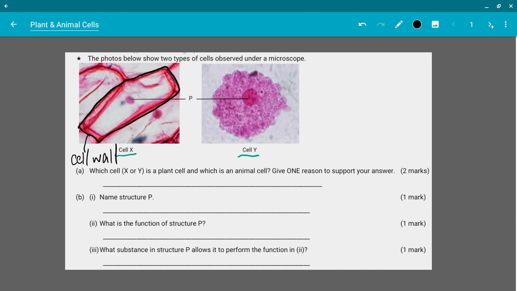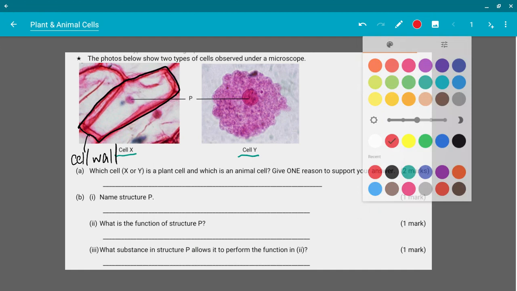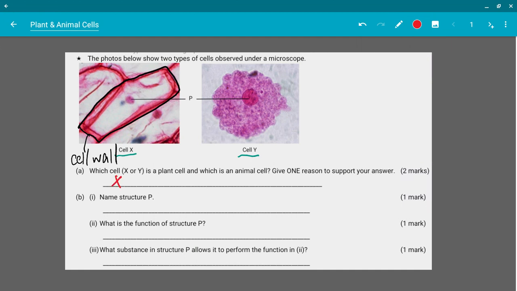So from this, we know that cell X is a plant cell and cell Y is an animal cell.